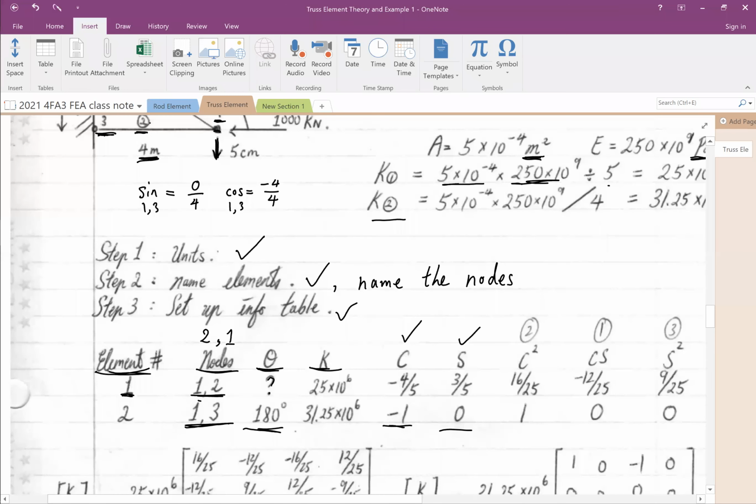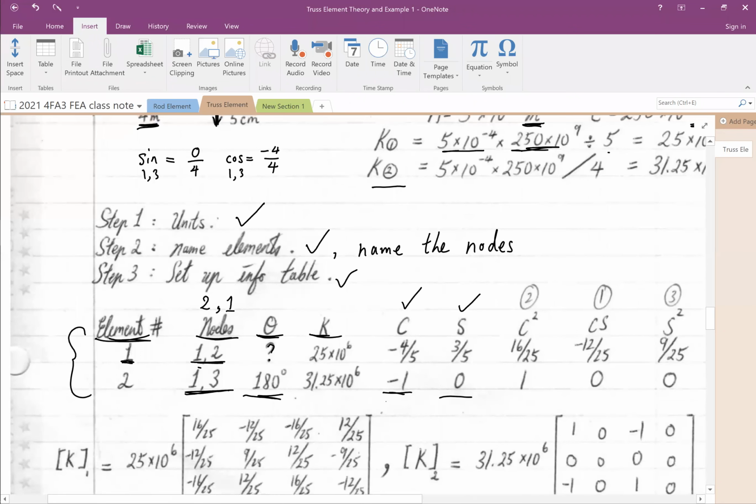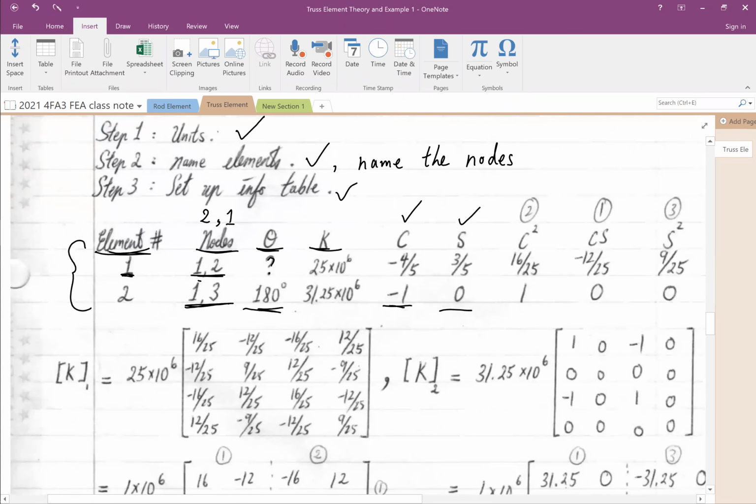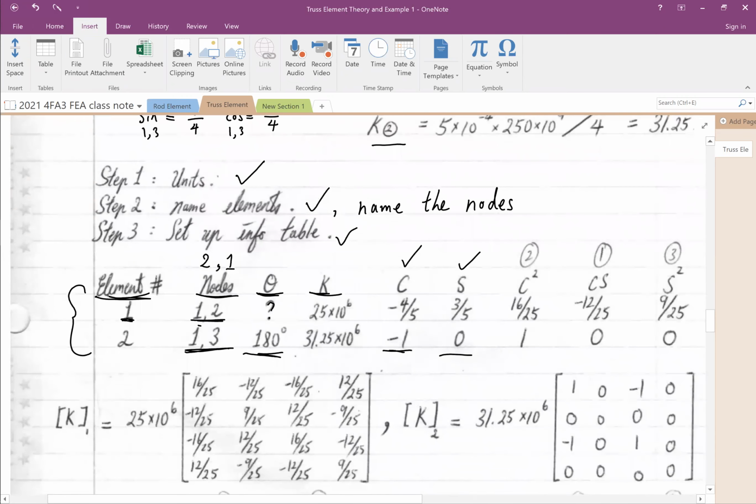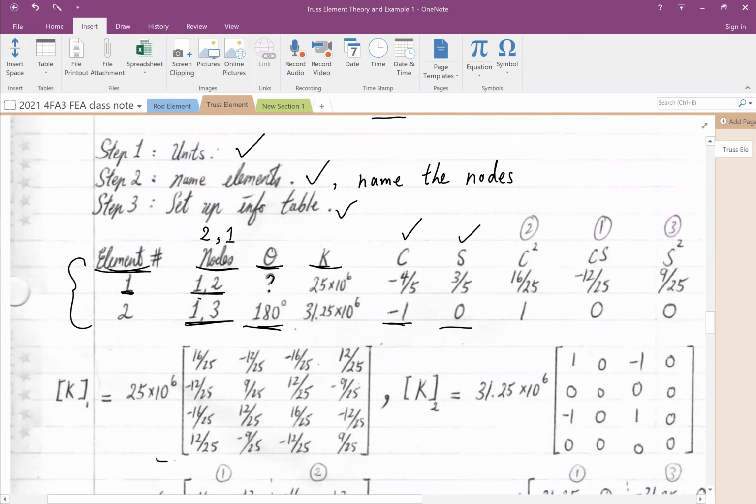We have two trigonometry problems here, right? So we have cosine and sine, then obviously we have cosine square, CS, and S squared. The next step is to assemble the K matrix, the transformation matrix. How do we do that?